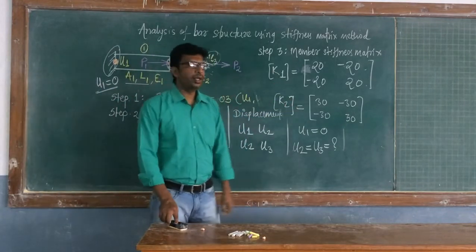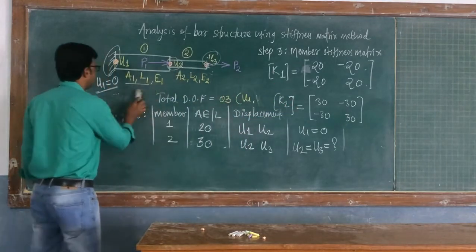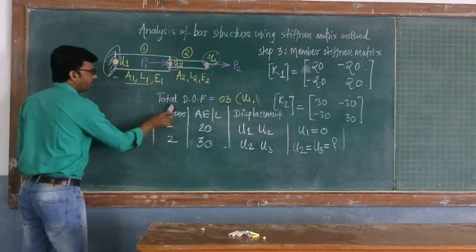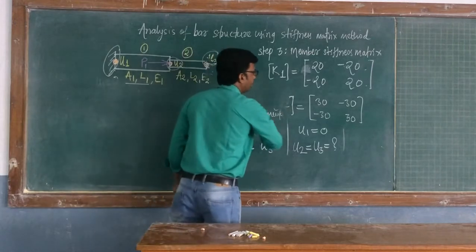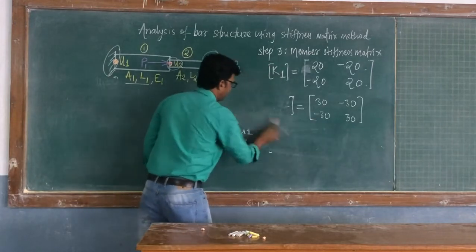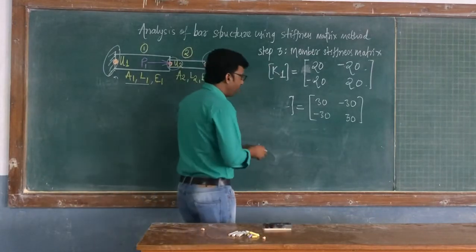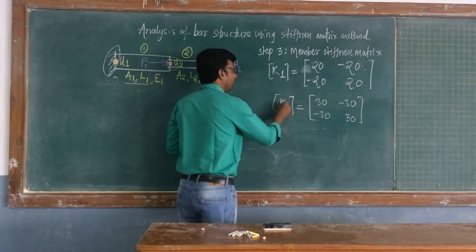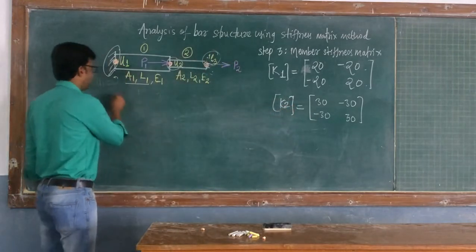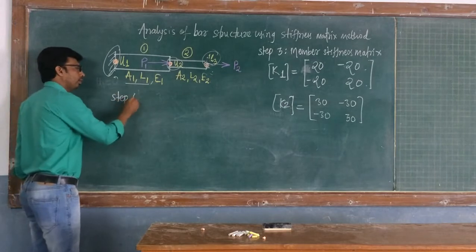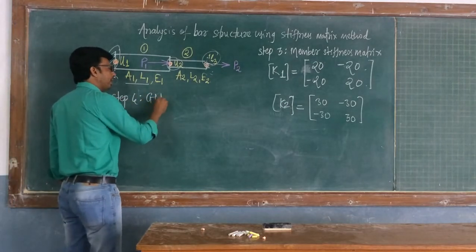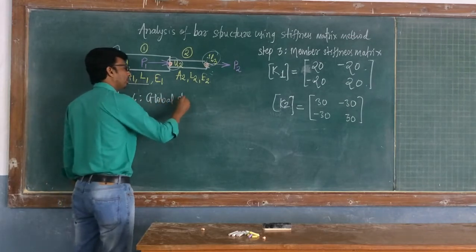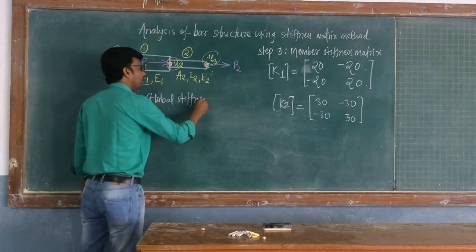Okay? So now, like this if you calculate the stiffness matrices, step number 4 is the global stiffness matrix.